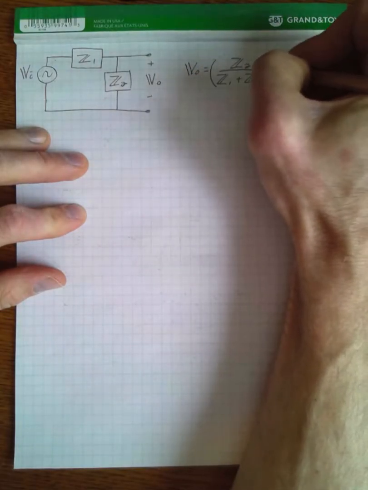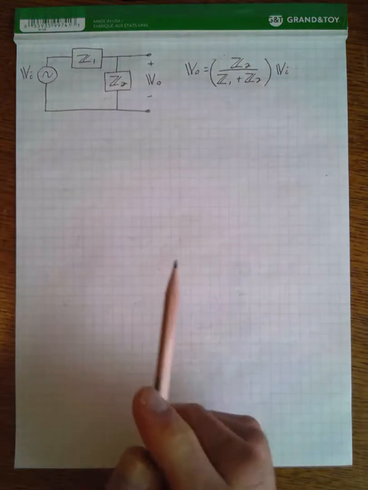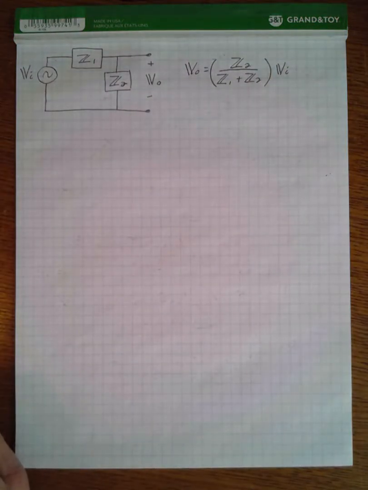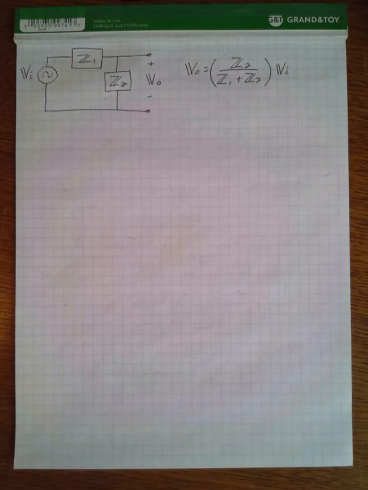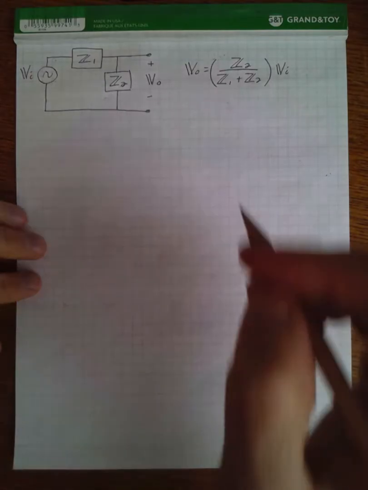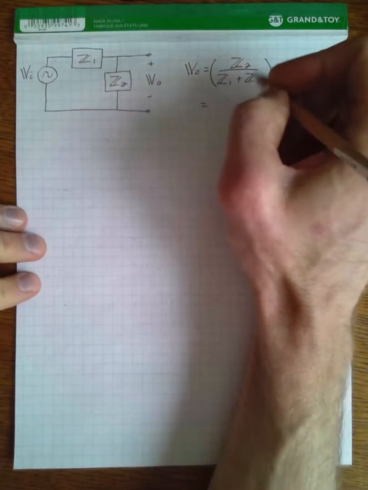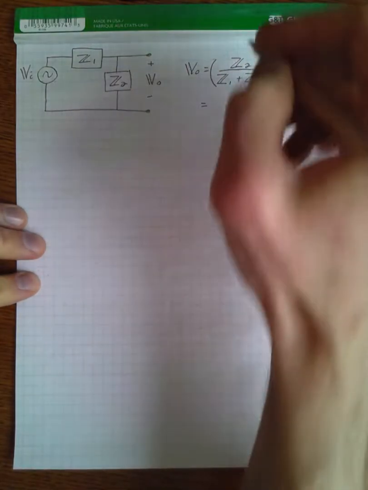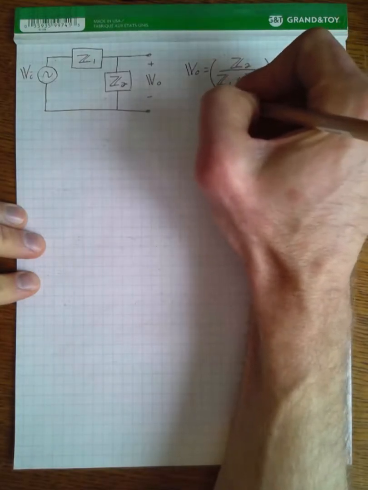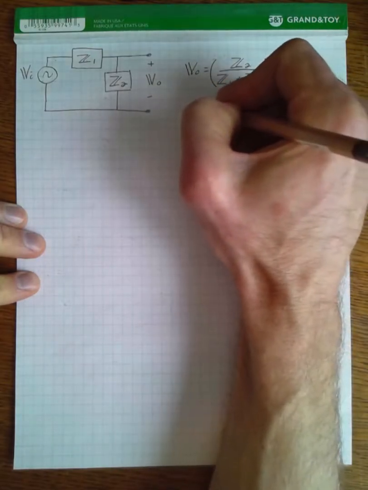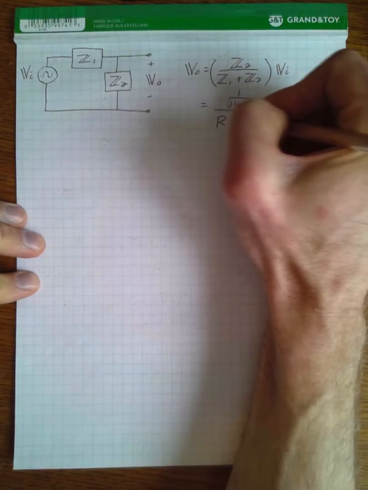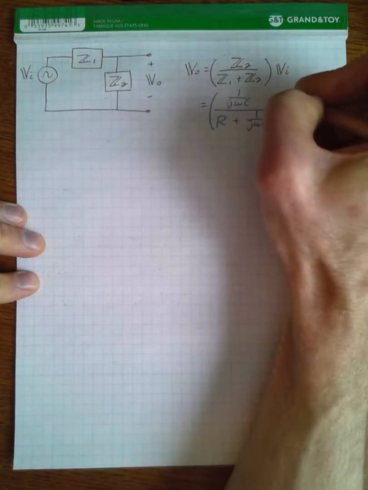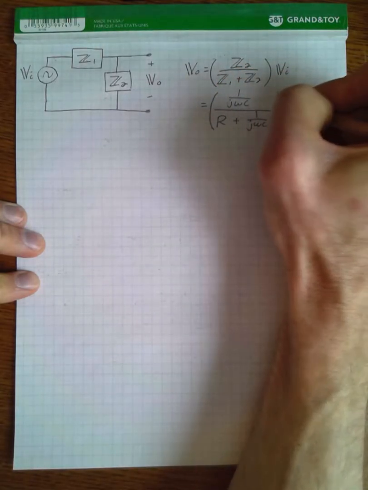multiplied by the input. And at this point, we can really use any two components we want. We could have a resistor there, we could have an inductor there, really whatever. But if we want to be consistent with the circuit we had on the previous page, Z1 is a resistor, Z2 is a capacitor, 1 over j omega C, times the input.